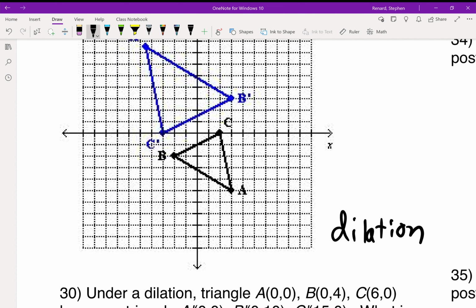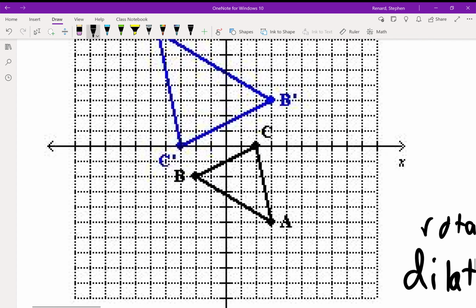But they're also not facing the same way, so we're going to need a rotation. So let's take C, because C's on the x-axis, so that's going to be the easiest.